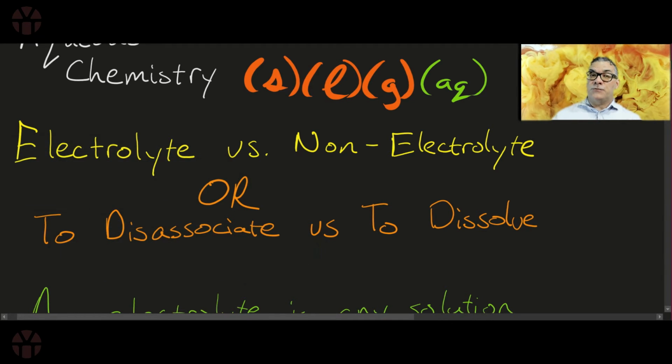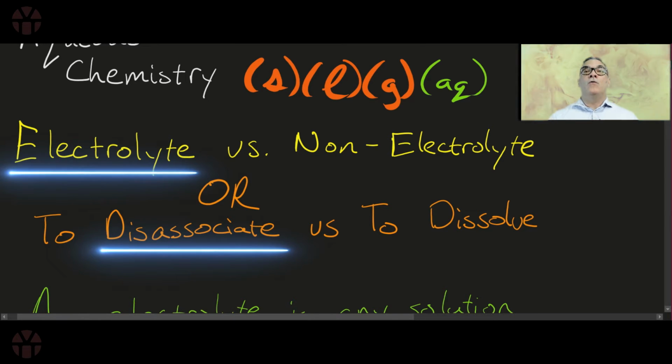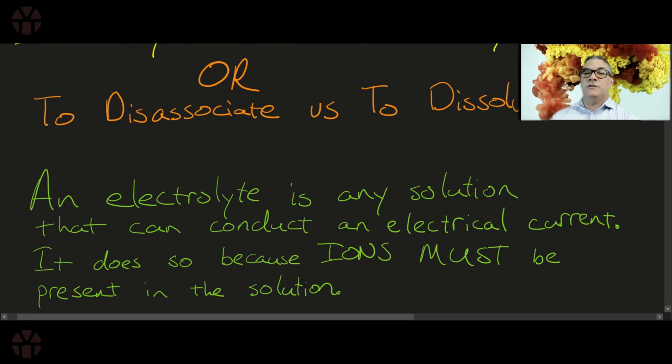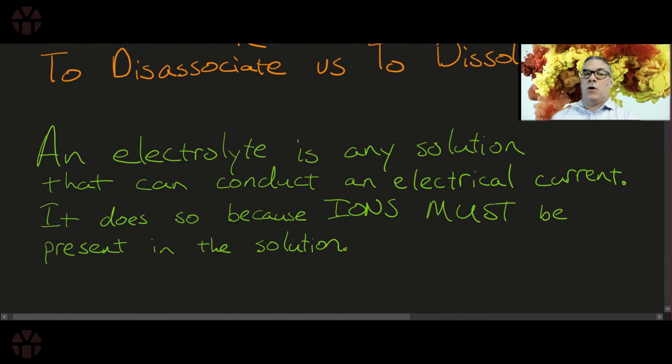And that's a fancy way of saying, when you talk about electrolytes, are ions present? To say it a different way, did the substance disassociate versus did the substance dissolve? So, we got a lot of words here. Let's see how we can unpack these words and say something intelligent about all of this.